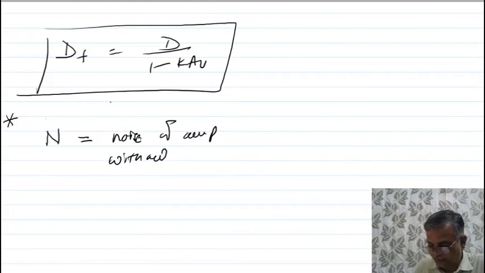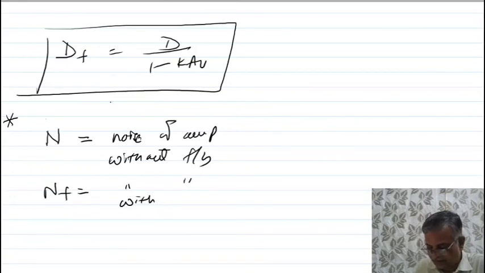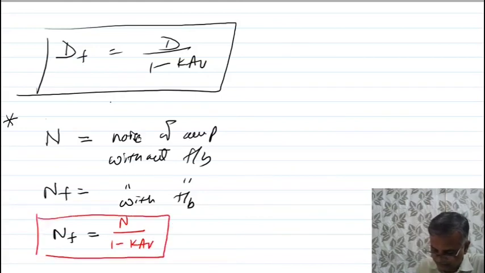This is the noise of the amplifier without feedback, N. This is the noise of the amplifier with feedback. Then in a similar way you can prove that the noise of the amplifier with feedback decreases by 1 minus KV times. Okay. Same way, nothing else. So you have to accept this equation. These two equations are very useful to solve many numericals.